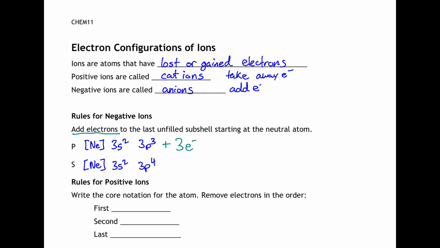How many electrons do I have to add to sulfur? 2 electrons, right? So these 2 electrons show me what the ion is going to be.